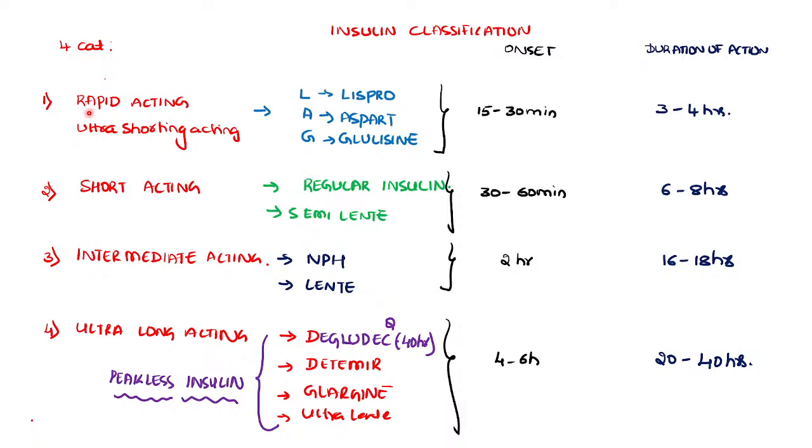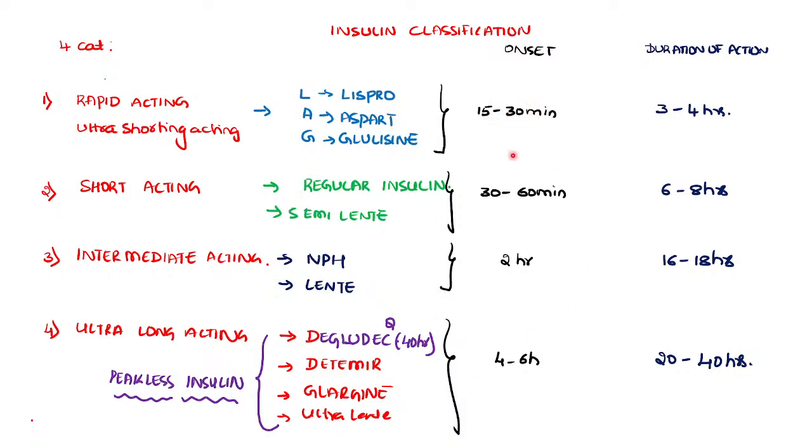If they ask about rapid acting preparations, please remember LAG as a mnemonic. L stands for Lispro, A aspart, and glulisine. Under short acting, you have regular insulin and semilente. Under intermediate, you have NPH, neutral protamine hagedorn, as well as the lente. And ultra long acting preparations, which are also called peakless insulin, we have degludec, detemir, glargine, and the ultra lente.